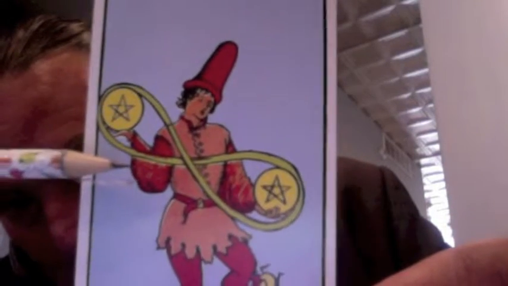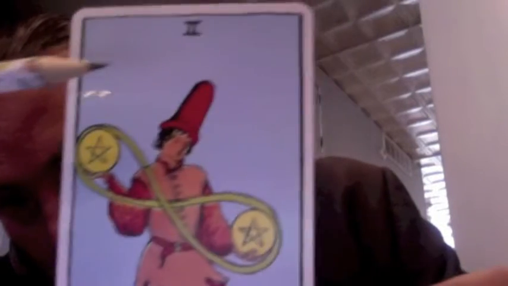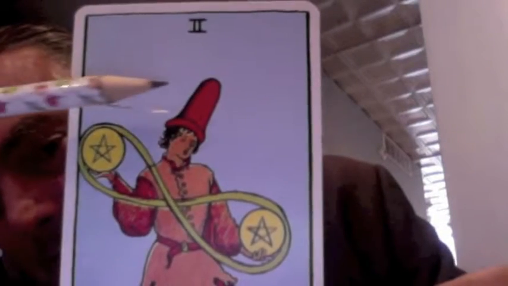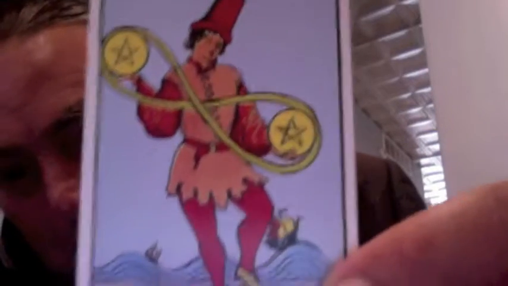This key, the man has what looks like an unusual hat. This corresponds to the cerebrum.